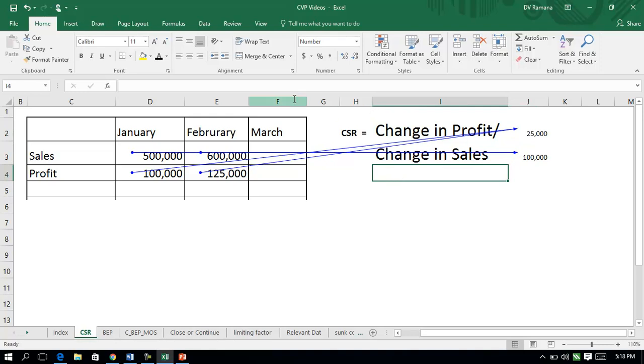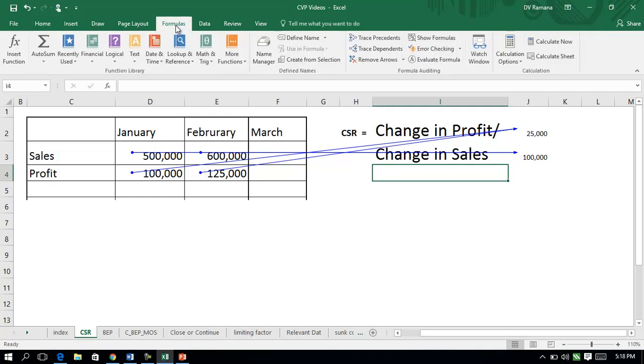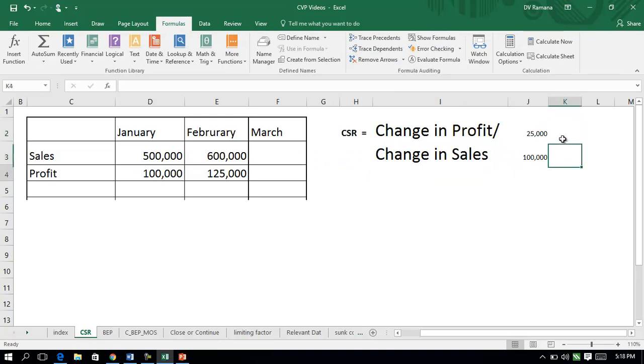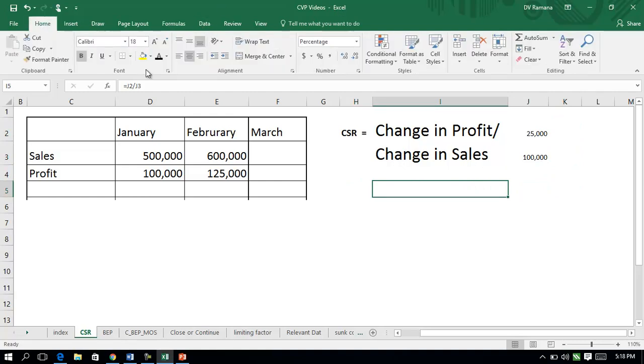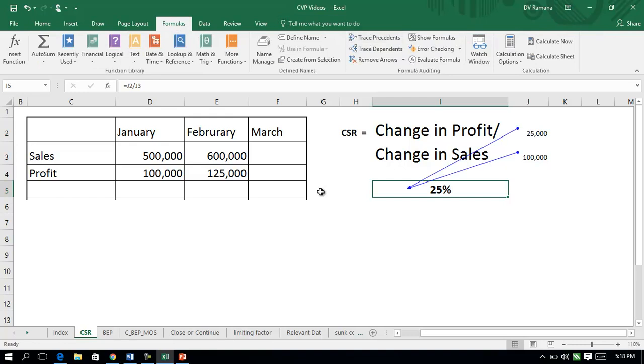So therefore CSR will be change in profit by change in sales, which is 25%. So even if the variable cost contributions are not directly given, we use this change in profit by change in sales to arrive at the contribution to sales ratio or contribution margin.